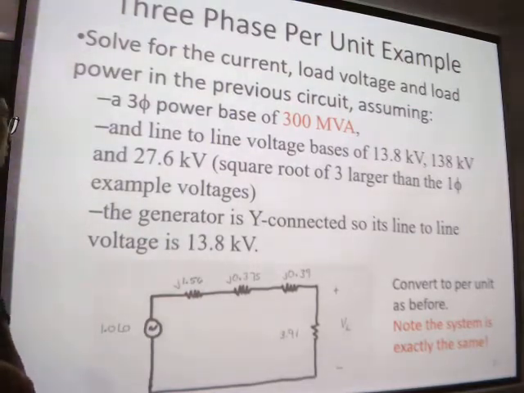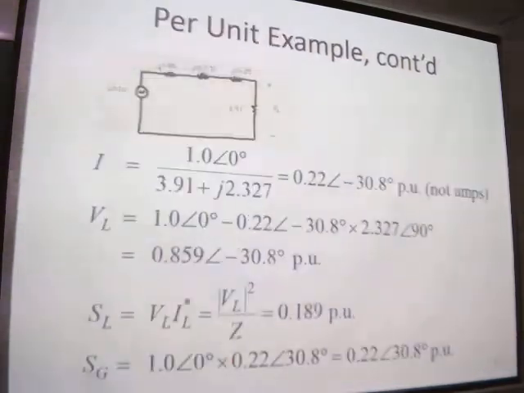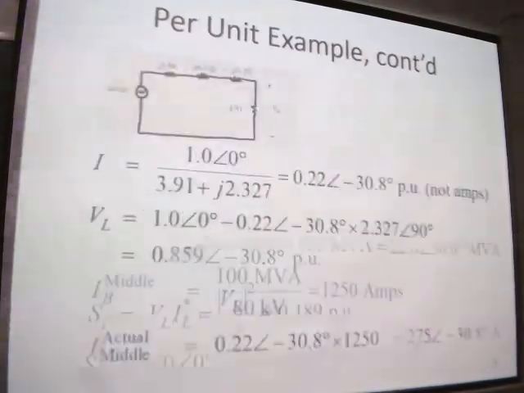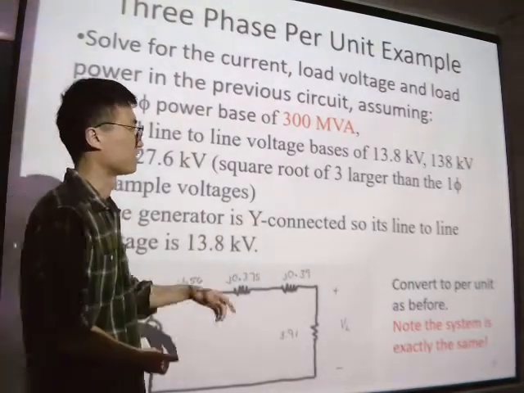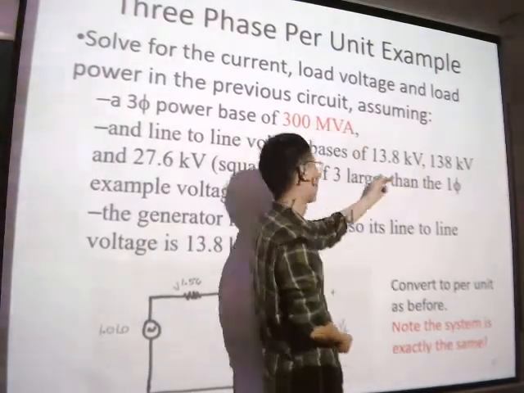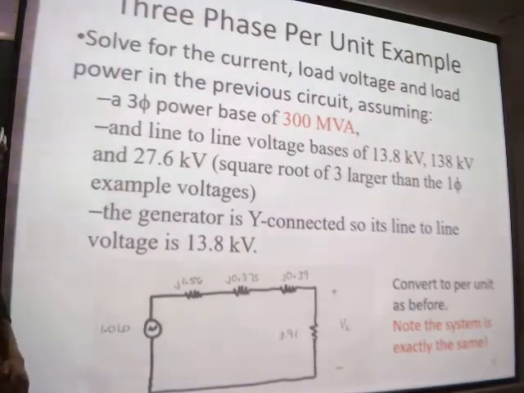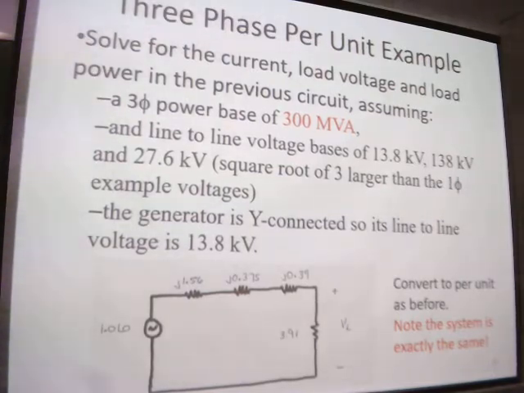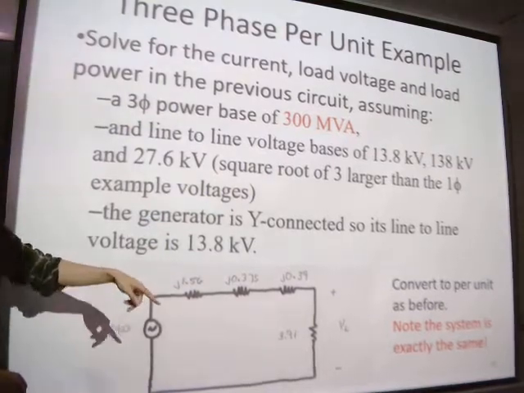Actually, do you remember the one-phase case? What was our base? H, right? H multiplied by the square root of 3 equals this, and this, so that is the square root of 3 times larger. So we're assuming that the connection is the Y connection.